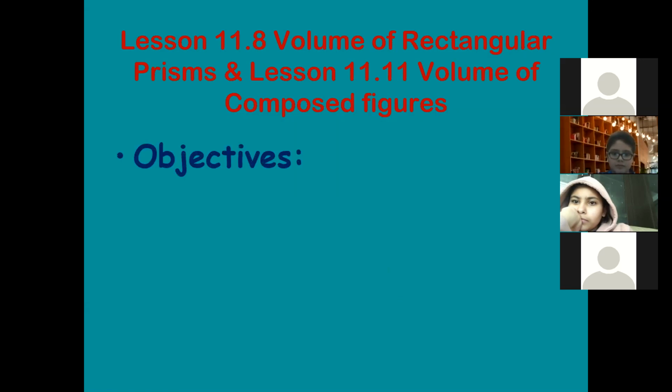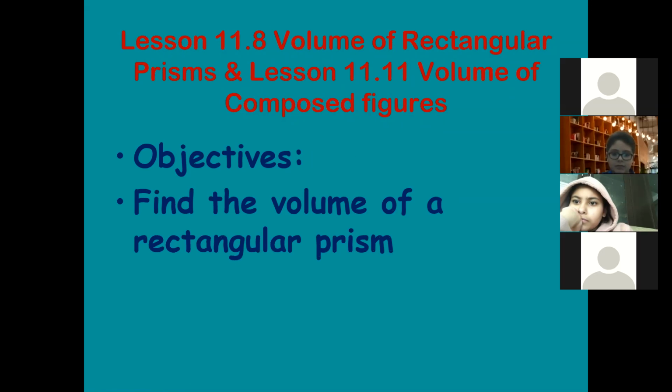Anyway, I can't hear. Okay, so the first lesson, lesson 11.8, the objective is that you're going to find the volume of a rectangular prism. You know what is a rectangular prism? When we were dealing with three-dimensional figures, I showed you the picture of a rectangular prism.